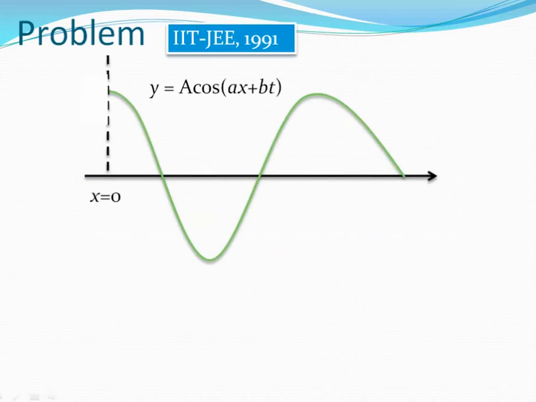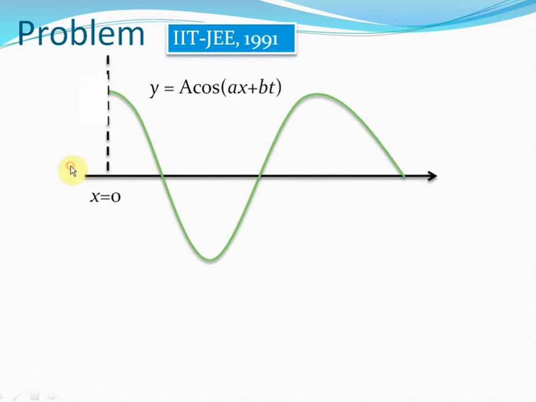So in this problem asked in IIT JEE 1991, we are given a wave traveling in the negative x direction. The wave is traveling from here to here towards the left. y equal to a cos ax plus bt is the equation of the wave. There is an obstacle situated at x equal to 0, a rigid obstacle.